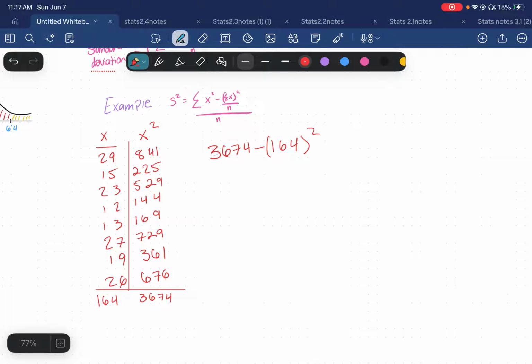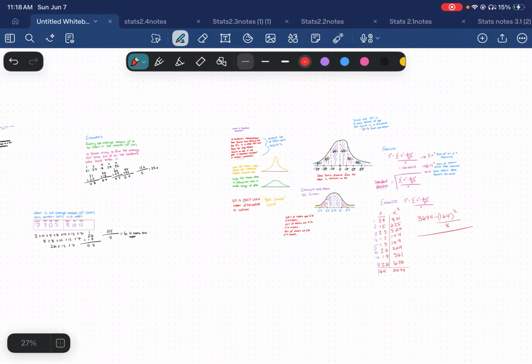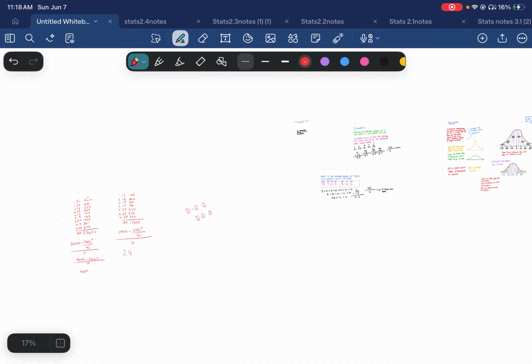And then we're going to divide this by the amount of data that we have, which is 1, 2, 3, 4, 5, 6, 7, 8, which is not counting the sum. So we're going to divide that by 8, and then we're going to divide, it should be n minus 1.